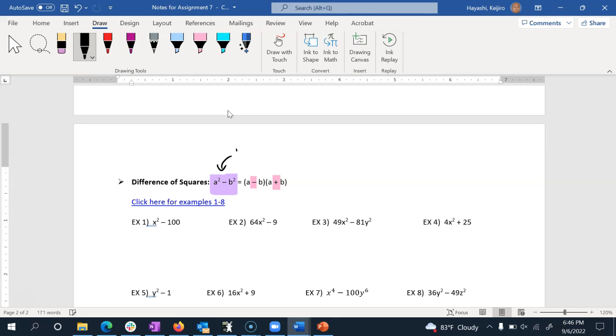So, this right here is the difference of two squares, right? You can tell because there's two squares and there's a minus sign in between them. So you're going to be seeing what a squared and b squared are. Take a squared and square root it to find out what a is.